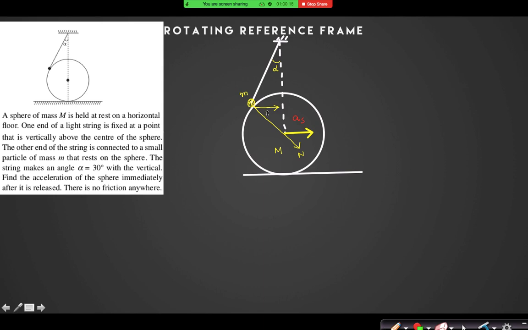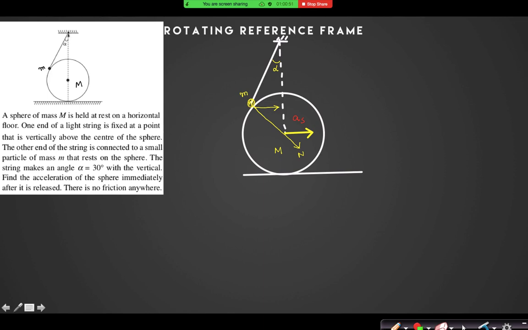I think, sir, we can consider it as the tangent, because it is just above the sphere. Sir, please, can you explain the question once? The question says this is a sphere of mass capital M, and this is a ball of mass small m.